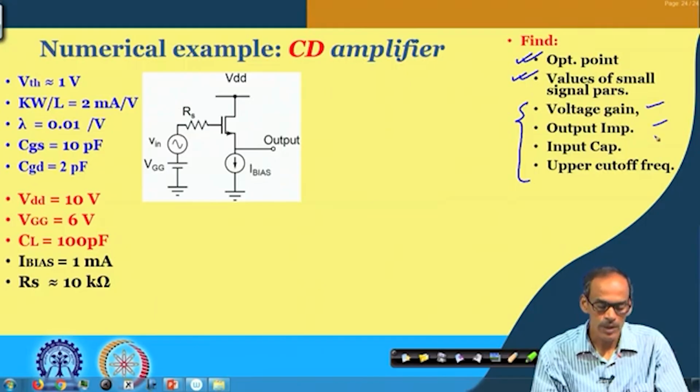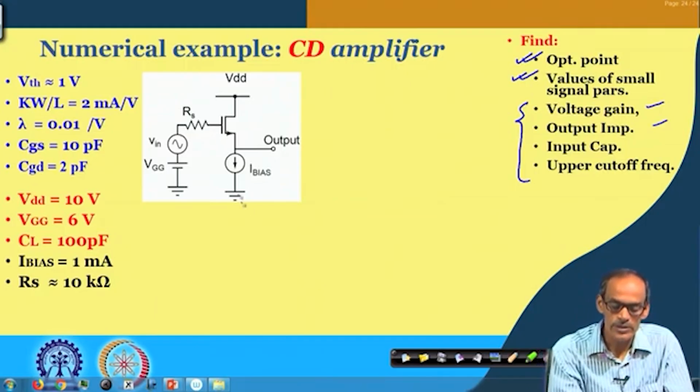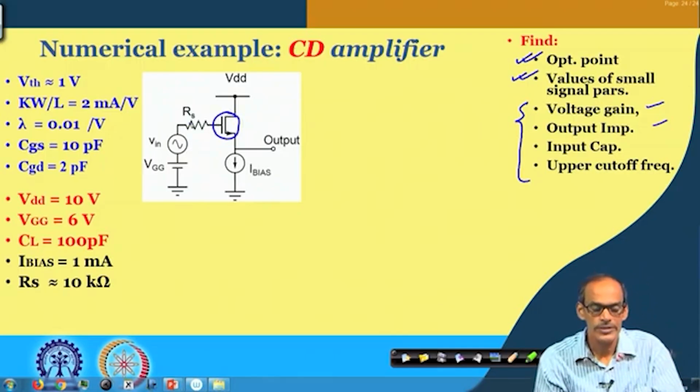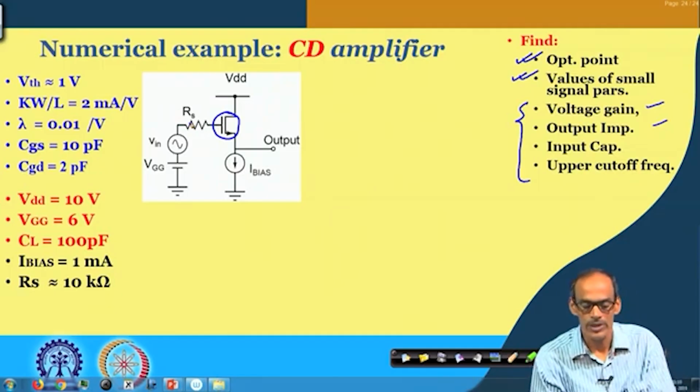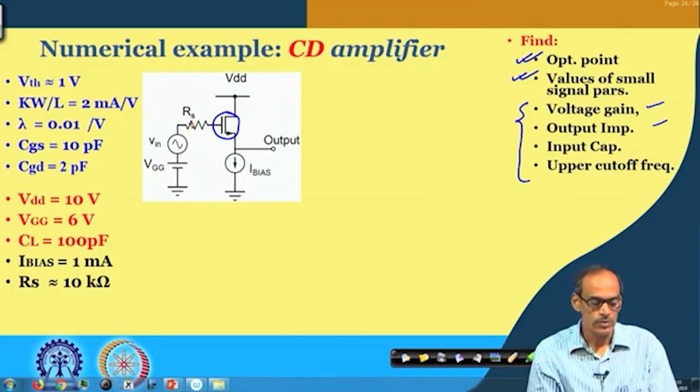So, here of course, the circuit is slightly different. So, let us try to see with this example how do we find the operating point of the transistor. Remaining things will be similar to the common collector circuit. So, let us try to see that.